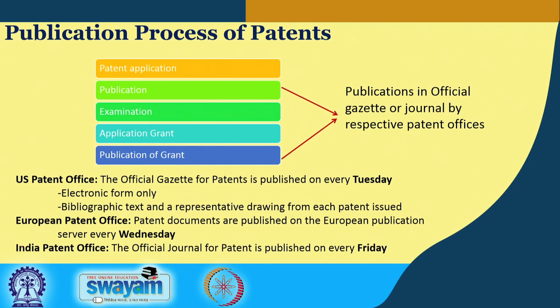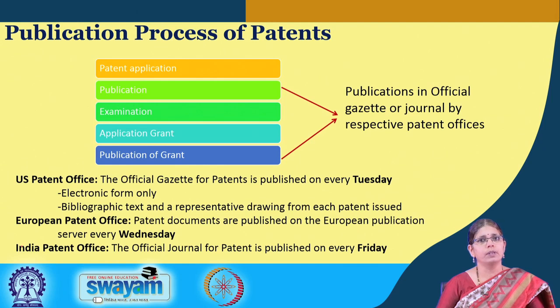The basic bibliographic text, the basic information in relation to patents, and a drawing in case of patents where it is relevant. In case of the European Patent Office, the data is published every Wednesday, and in the case of the Indian Patent Office, the data is published every Friday. So, every patent office has its own way of publishing these patent documents.